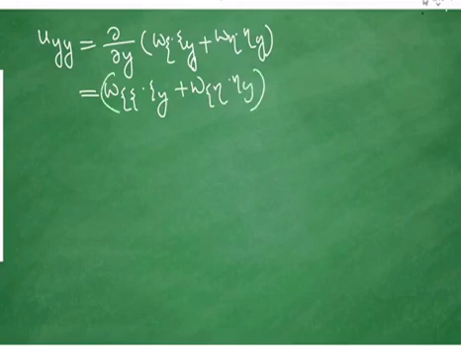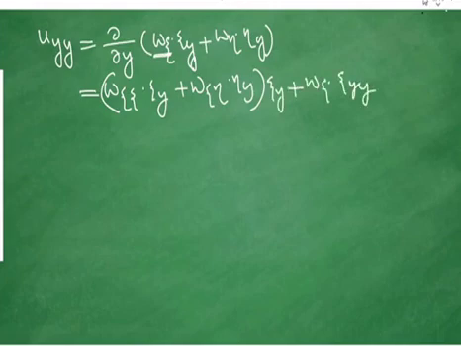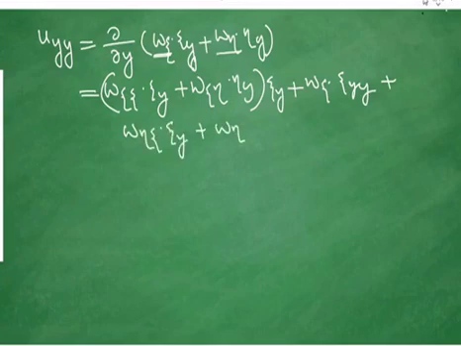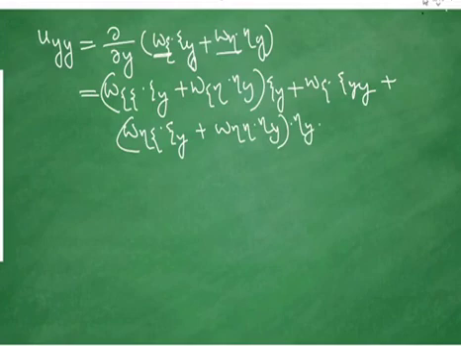This whole is the first derivative of w theta, into theta y, plus the second term will be w theta into theta yy. Similarly for w eta we have w eta theta into theta y plus w eta eta into eta y, in bracket, into eta y plus w eta into eta yy.